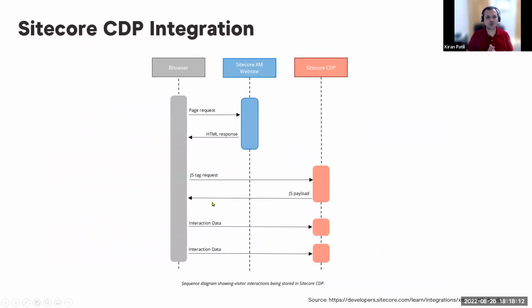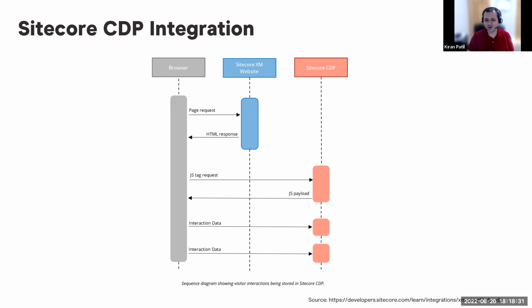So let's talk about how to do a Sitecore CDP integration. So there are various ways. In this example, I'm going to show you a JavaScript integration approach. So here is your browser, and you have to just add a JavaScript, like the way you add JavaScript if you have to integrate Google Analytics.